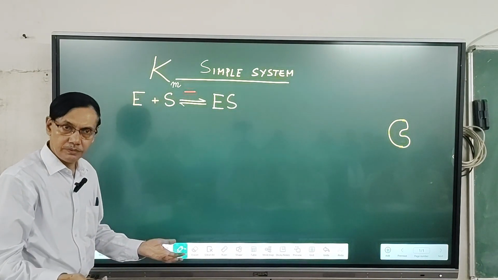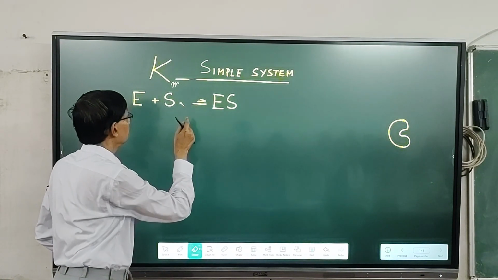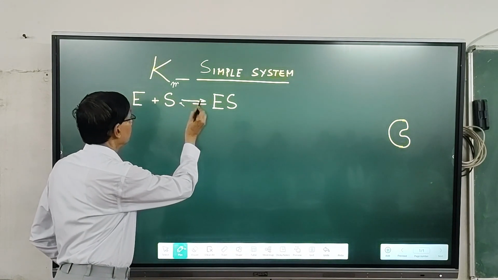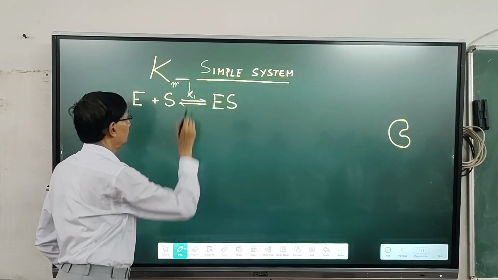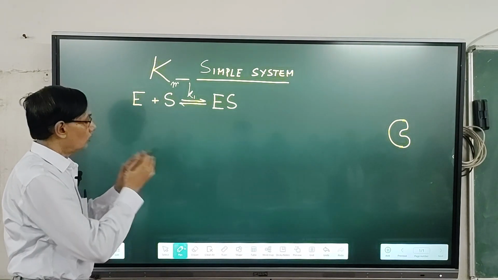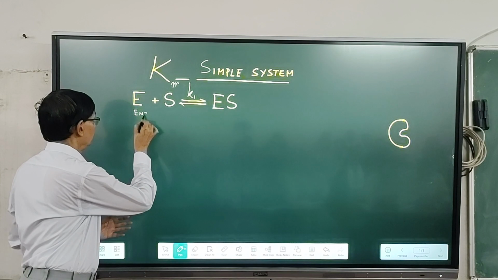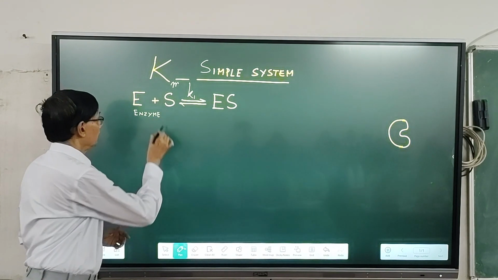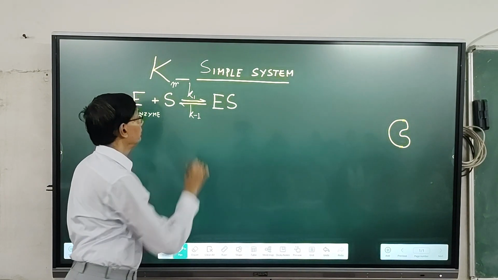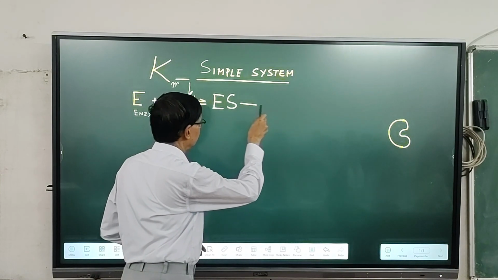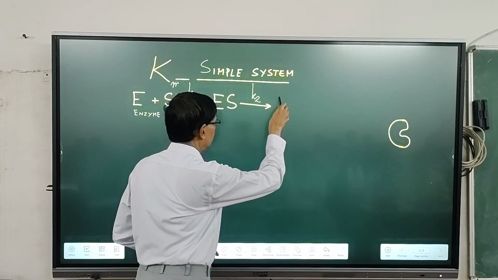And as usual, your normal kinetics, we will write K1, the rate constant for the forward reaction, for the enzyme. And then the enzyme substrate complex goes, in a slow step, to product.